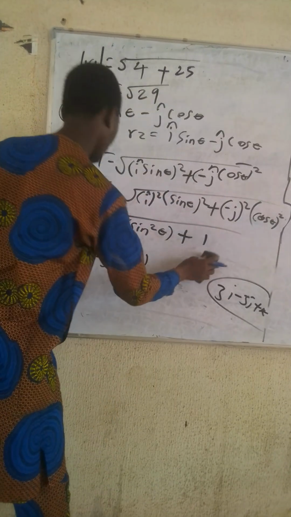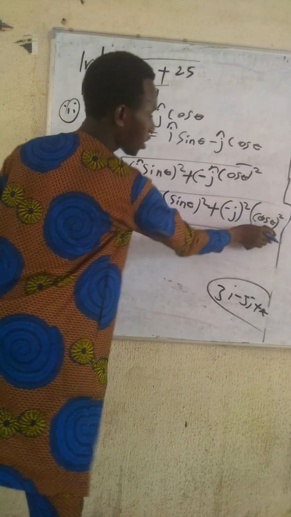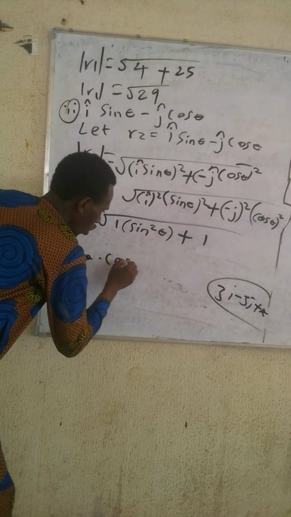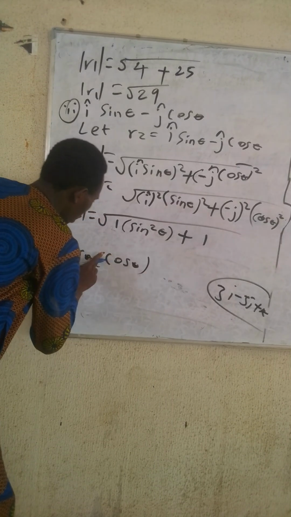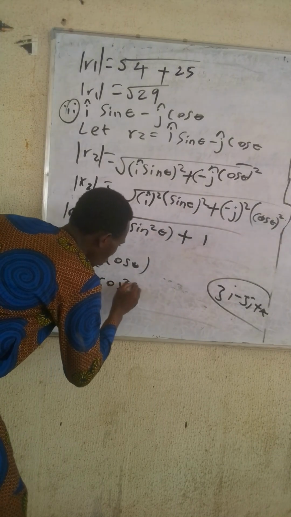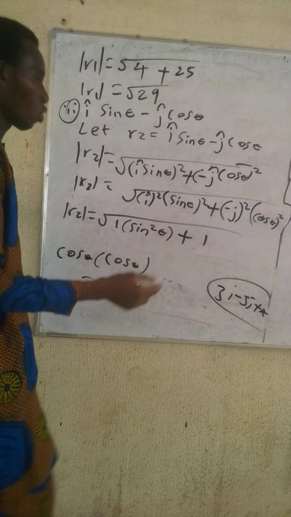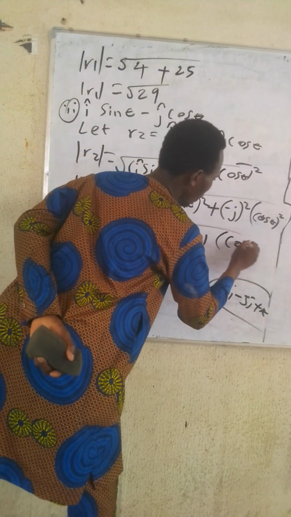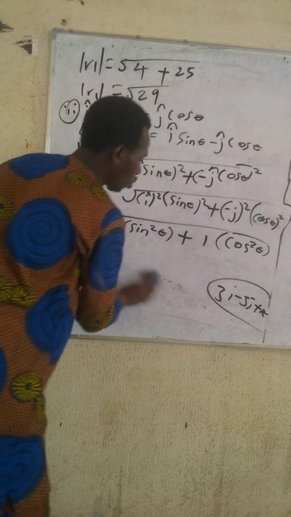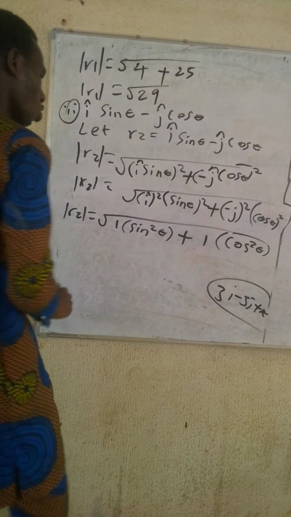Now cos theta squared means cos theta multiplied by cos theta, which is cos squared theta. Are you getting me now? So we multiply by cos squared theta.